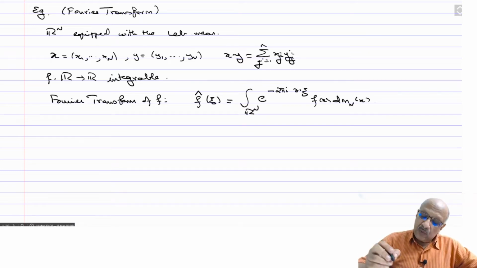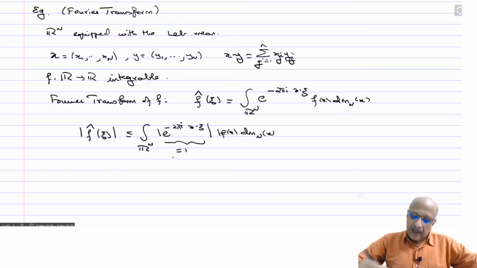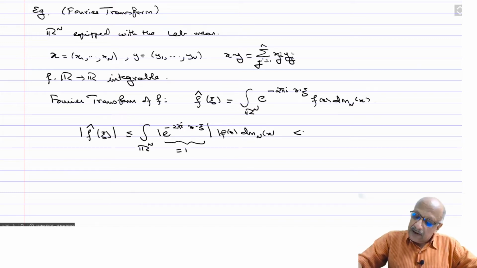So first of all, it is well defined, because the modulus of f hat of xi is less than or equal to, by a result we have already proved, the integral of the modulus of e to the power minus 2 pi i x dot xi, times modulus of f of x, dm_n. Now this modulus is equal to 1, and therefore this is less than or equal to the integral of mod f of x, and since f is integrable, this is finite.